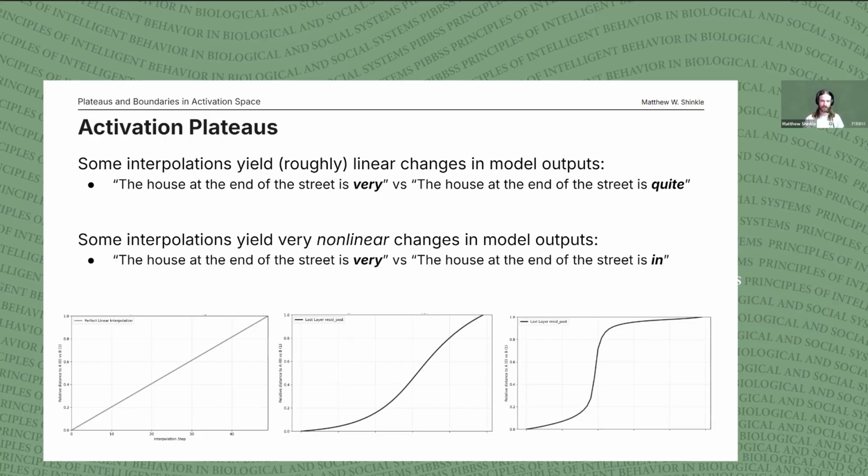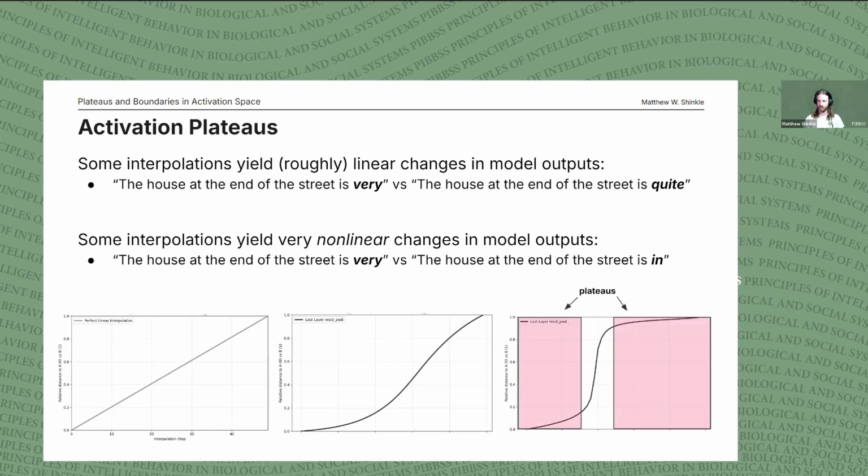Specifically for approximately 40% or so of the interpolation, the model outputs remain very similar to what they were for sequence A. And then in this narrow band in the middle, there's a rapid transition where the outputs go from being very similar to those of sequence A to being very similar to those of sequence B, and then they stay that way for the rest of the interpolation.